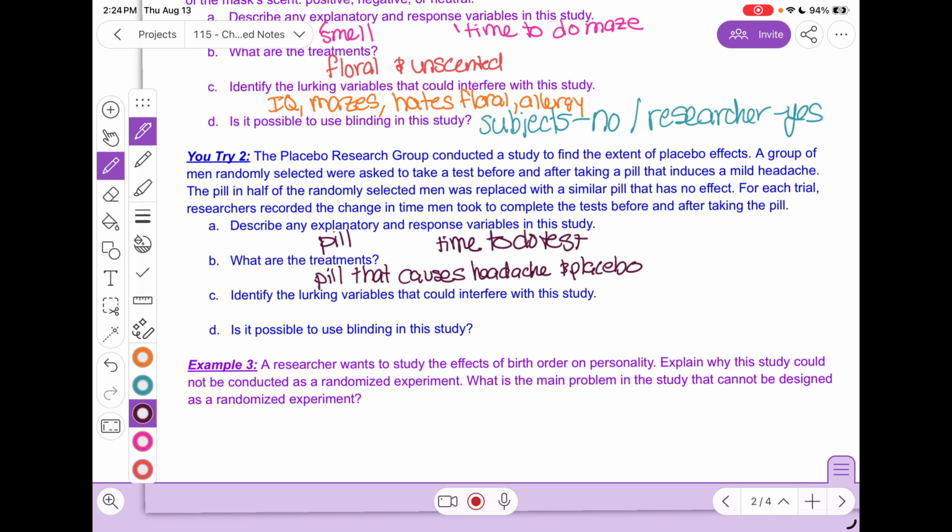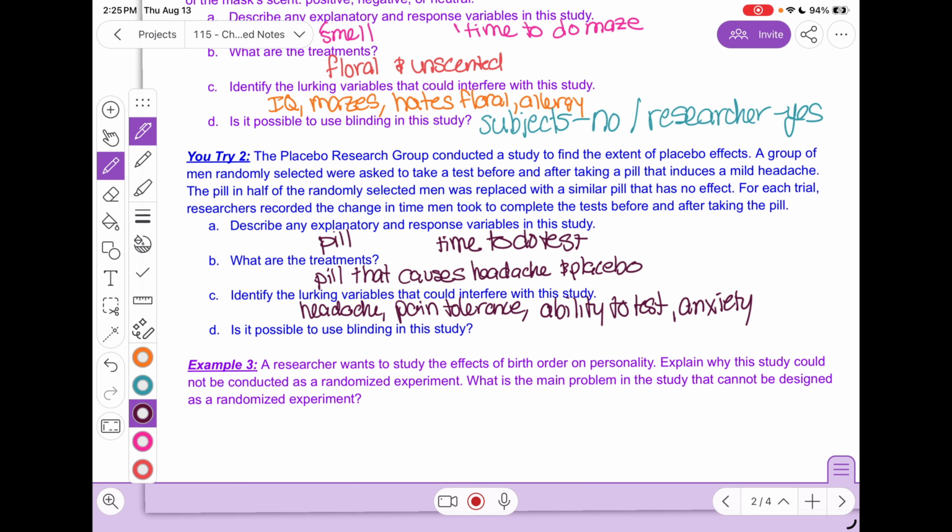All right, so lurking variables, if they already had a headache, pain tolerance, like the ability to do the test anyway, anxiety, anything along those lines. And then, is it possible to use blinding?